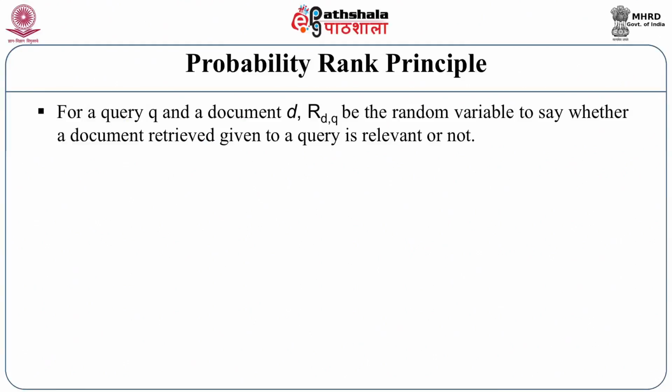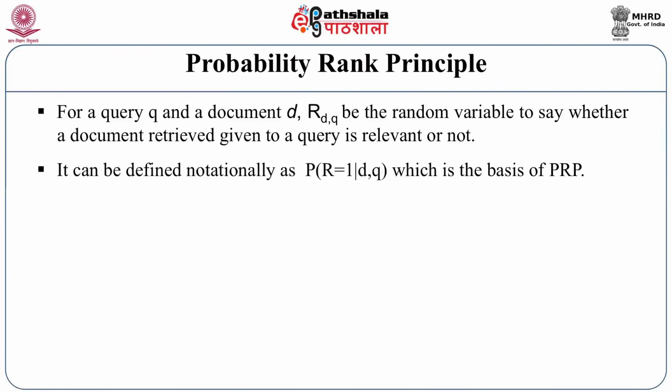So let us start with the probability rank principle, for a document D and a query Q. Suppose a random variable R says whether the document retrieved for a query is relevant or not. It can be defined as the probability of R equal to 1 given document D and query Q, which is actually the basis of PRP.